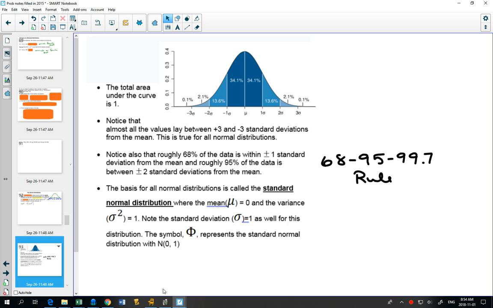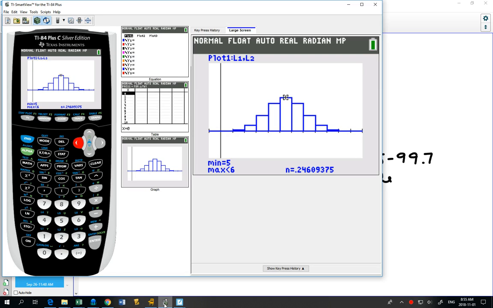In fact, this is the first important bit of data. Just like our histogram that we drew on our calculator, each of those bars represented a probability. So this probability here, getting 5, you've got a 24% chance.